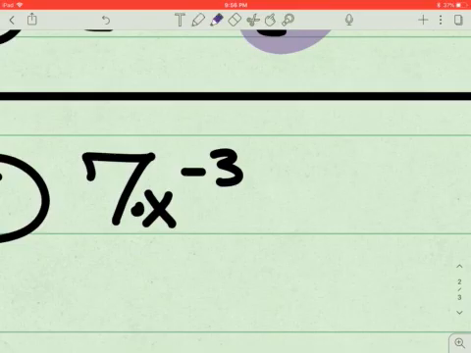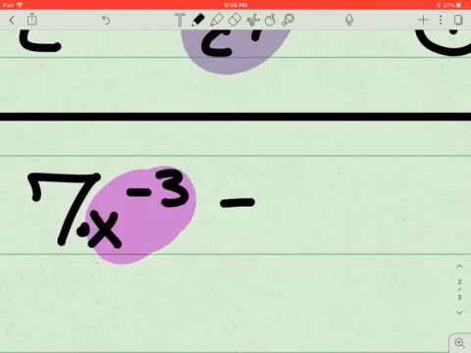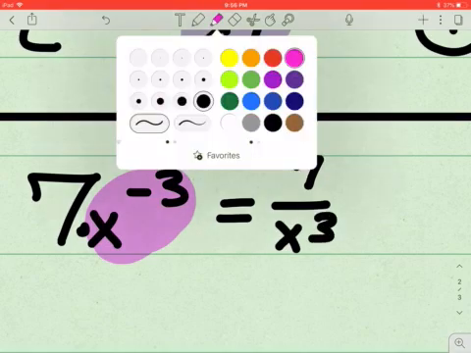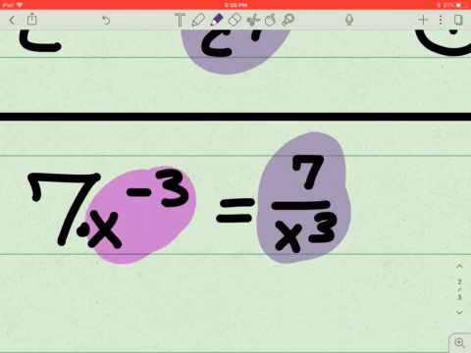I'm just going to take this negative exponent part, and that's what goes in my denominator. So this is the same as 7 over x to the 3rd. And that's my answer right there. So only the part with the negative exponent, or only the base that has a negative exponent, gets flipped to the denominator.